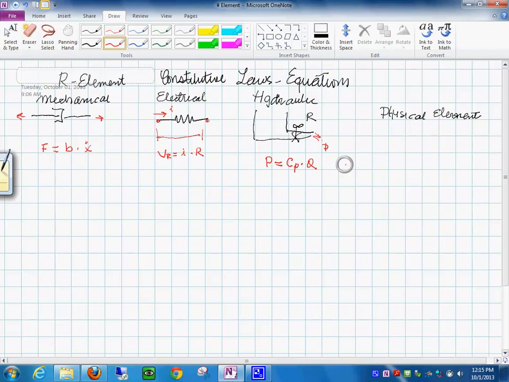So these three are the equations that control the behavior of this, normal equations. Now we have to define these equations that describe the behavior of this as constitutive equations. These are the constitutive laws. Maybe we call it, yeah, let me say constitutive law.